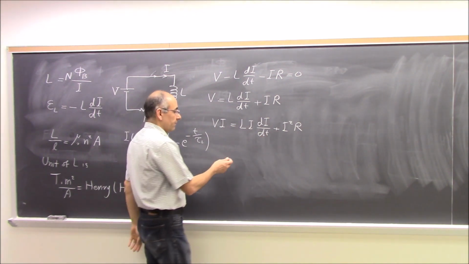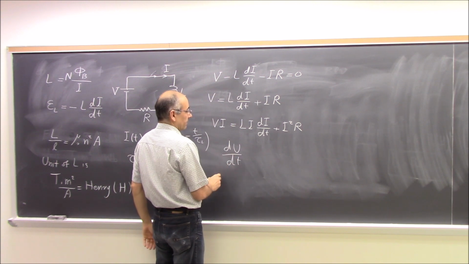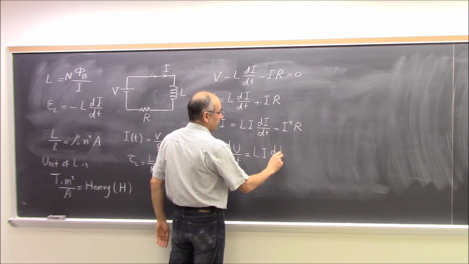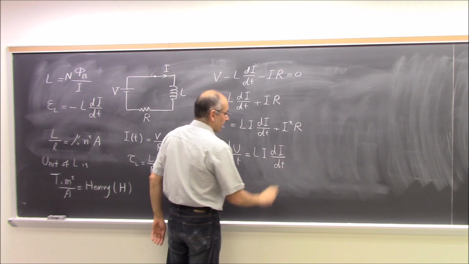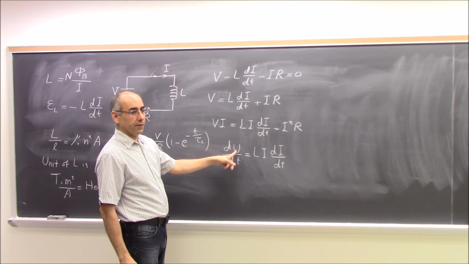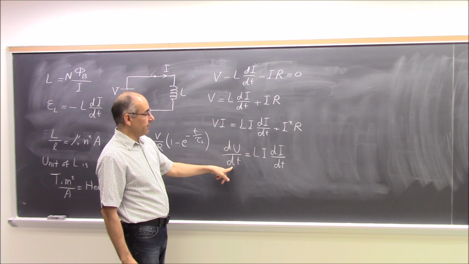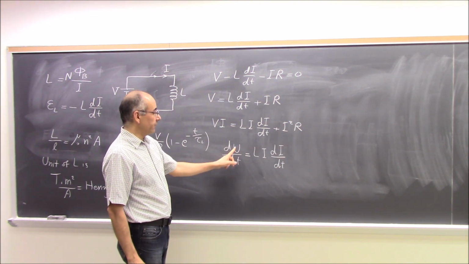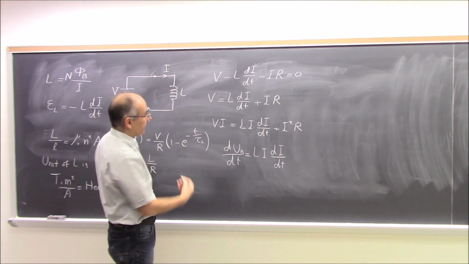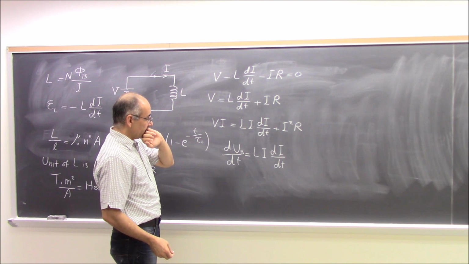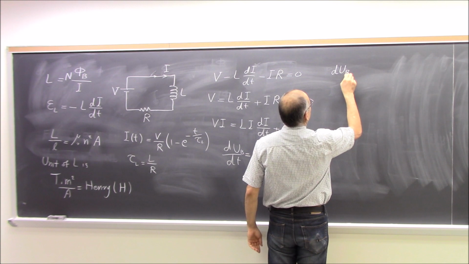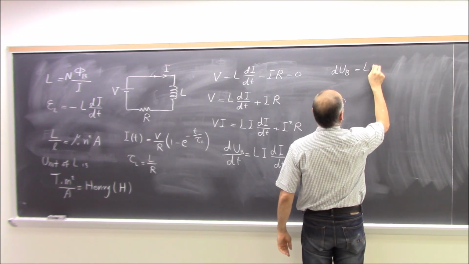So if you call it dU over dt, which is the power, equal to L I di over dt, then try to solve for the potential energy in the inductor. So multiply by dt and integrate to get U. It's usually called U_B because it is related to magnetic field, but then we will see what it is. So if you multiply by dt, you get dU_B equal to L I di.